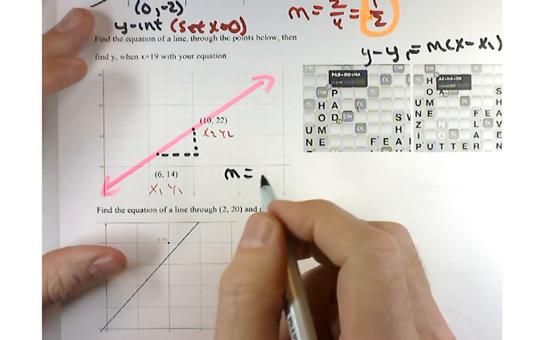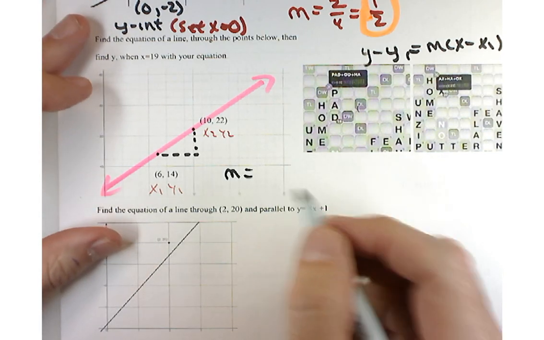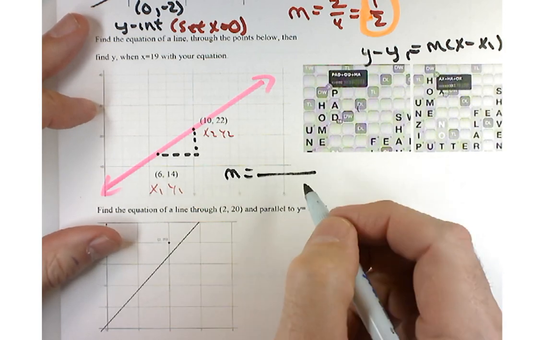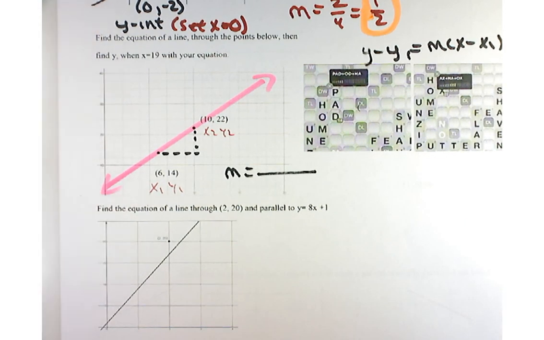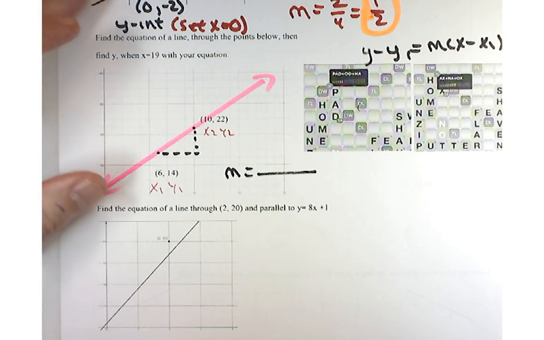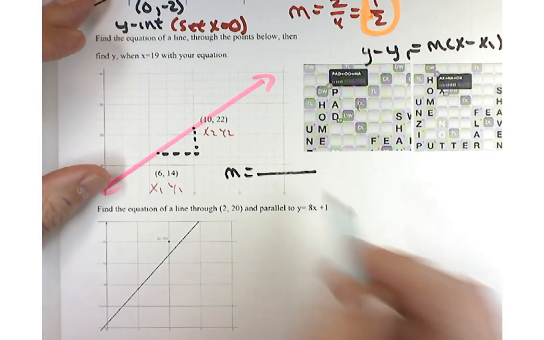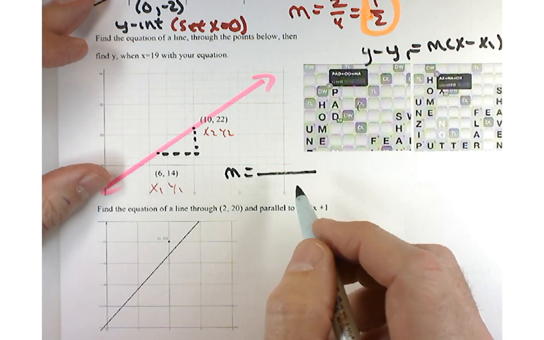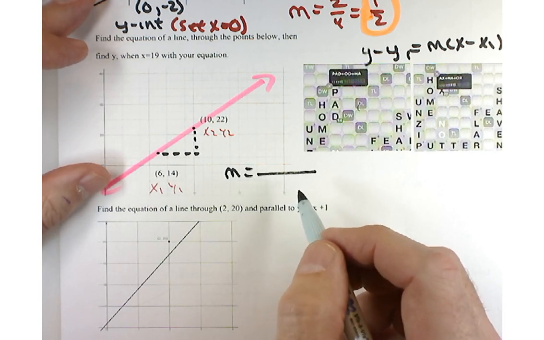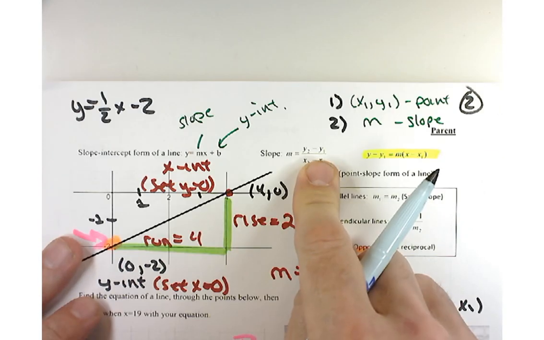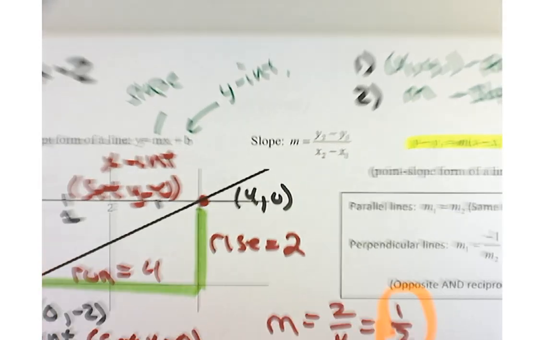All right, so Hannah, what's that calculation going to look like here? Let's see, rise. 14 over. Wait, you've got to do some subtraction. So it's this formula again, right? The y2 minus y1 over x2 minus x1.